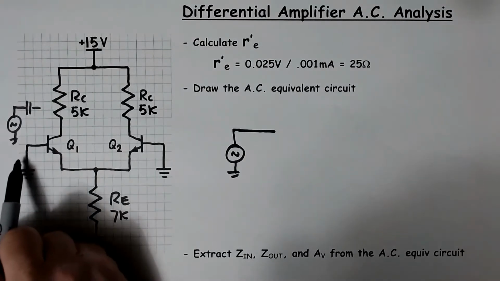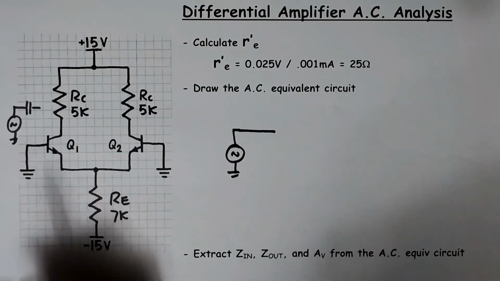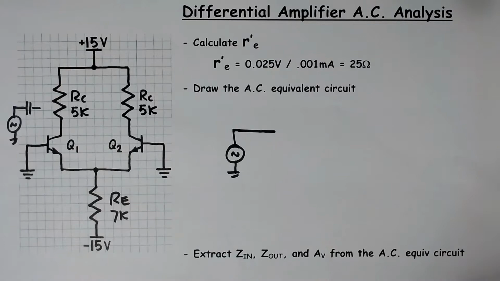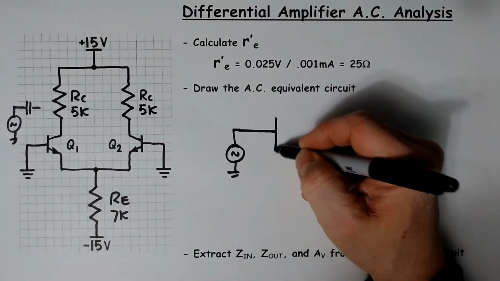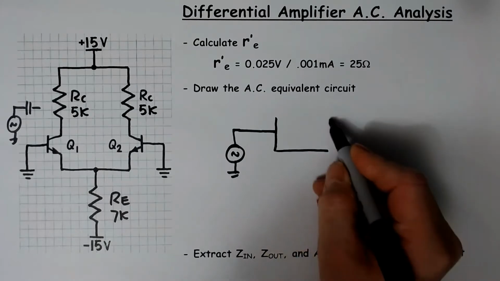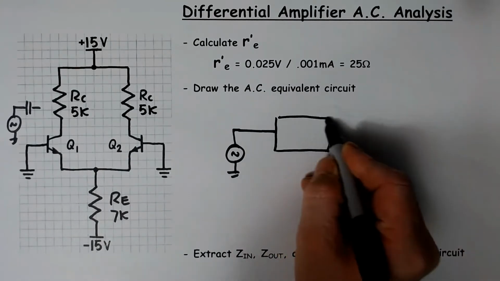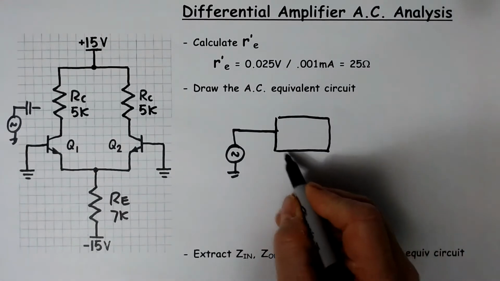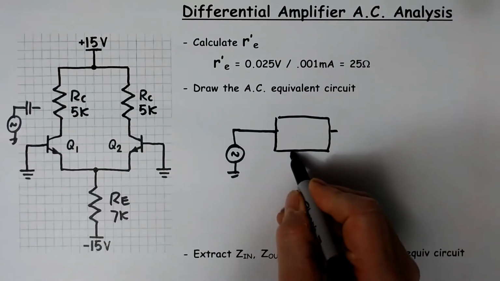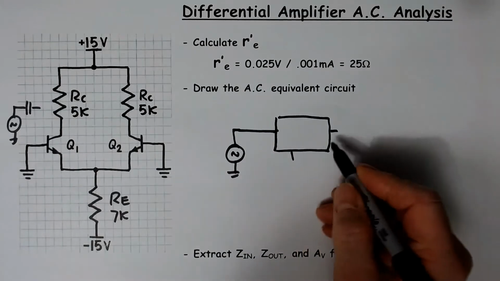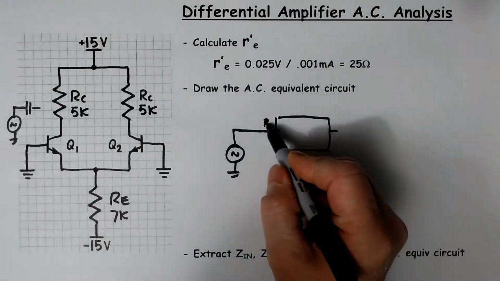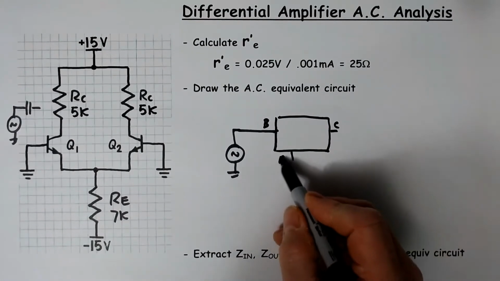And you can note that we will apply that signal directly to the input of the first transistor, let's say over here. So we can put a box down for the transistor, like we do with the other circuits. I'm going to just hold on before I put stuff in the box. I'm going to figure out the rest of it. So this is the base, this is the collector, and this is the emitter.